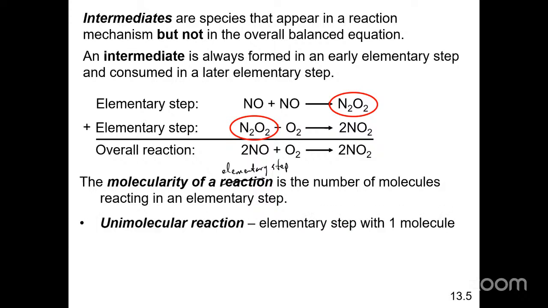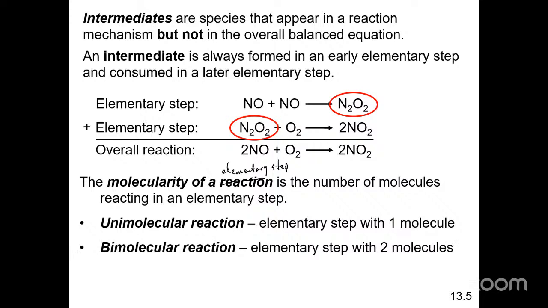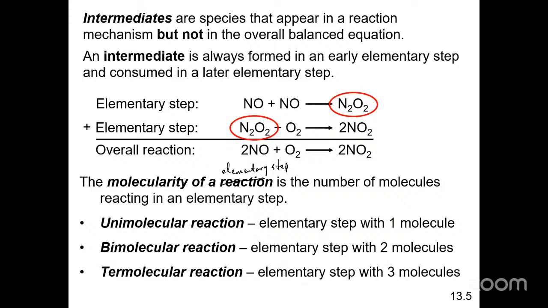And in this regard, there are some other related terms. If a step is unimolecular, that means that the elementary step only involves one molecule. If it is bimolecular, then the elementary step involves two molecules. And then for the third one, which is highly unlikely, a termolecular step is where you have three molecules involved in the elementary step, right?